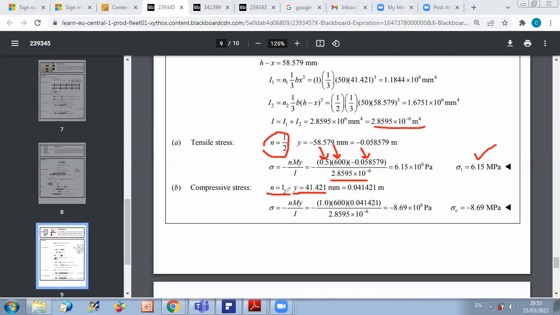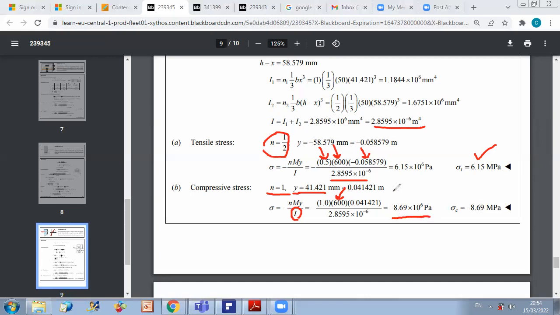I take the maximum distance because I'm designing, and I want to find the maximum compressive stress to which my cross section of the beam is subjected. I is the inertia of the modified cross section, and M is given to be 600 Newton meter. By replacing these values, I get the value of my stress in Pascal.